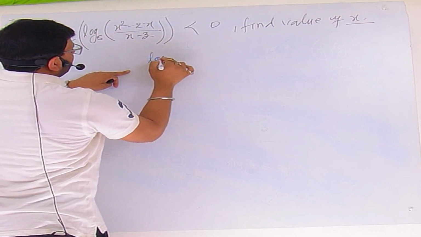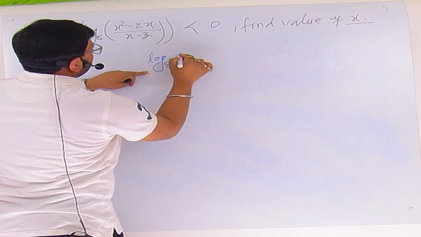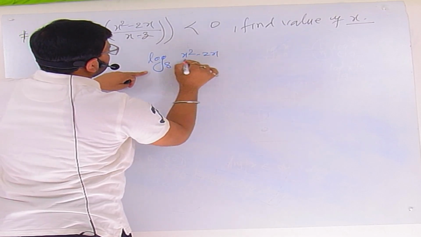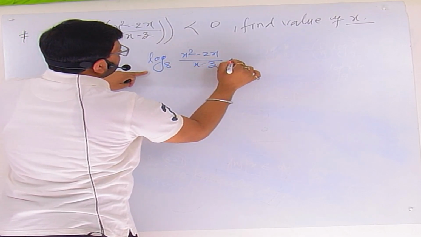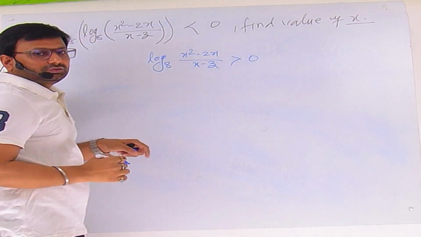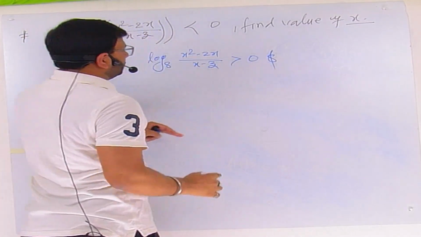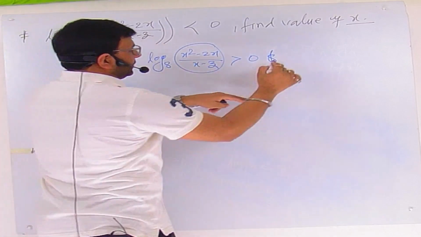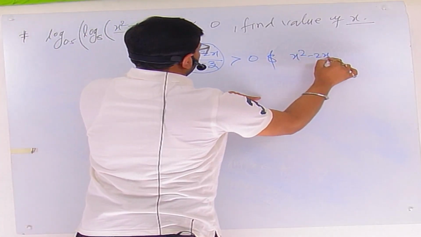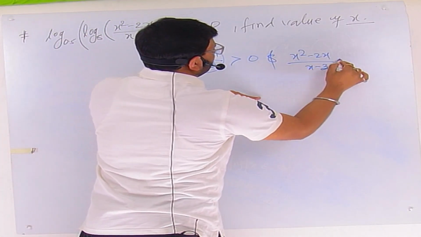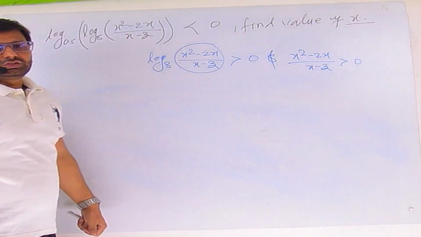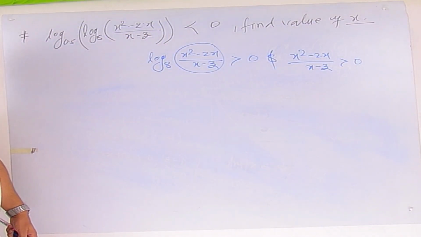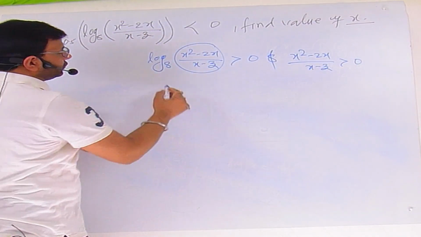So I am writing here log base 8 of x square minus 2x divided by x minus 3 must be greater than 0. So for defining this expression, x square minus 2x divided by x minus 3 must be greater than 0. Yes or no?